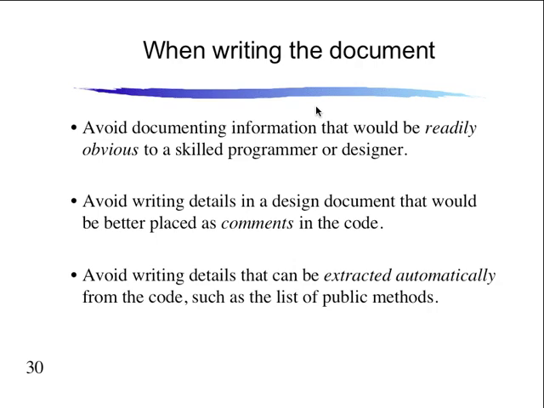So avoid writing details in the design document that would be better placed in comments in the source code. So yeah, avoid writing the source code as well. Avoid writing pseudocode, and avoid writing comments that don't belong in the design document. Avoid writing details that can be extracted automatically from the code as well, such as a list of public methods.